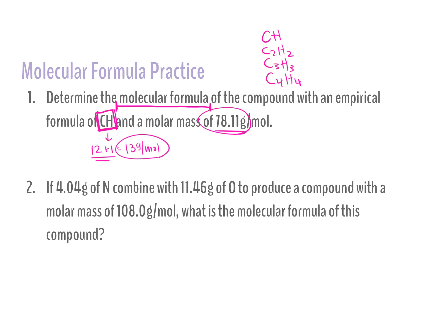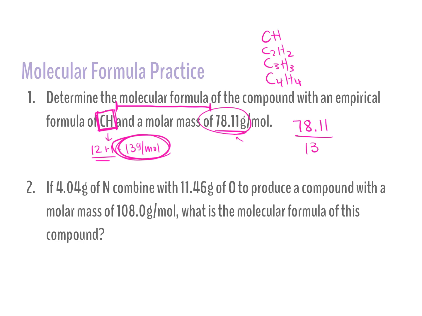The way that I find out how much bigger it is: I take my unknown compound molar mass, 78.11, divided by my empirical formula molar mass, 13.